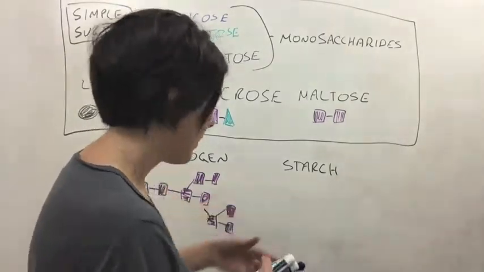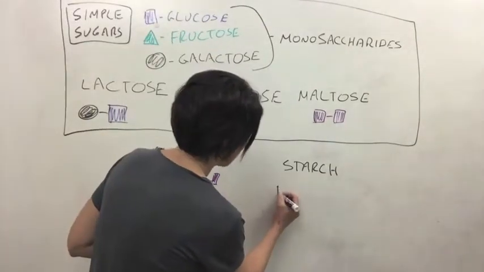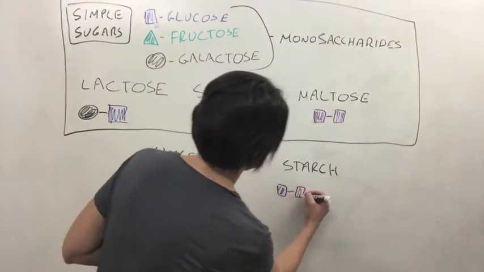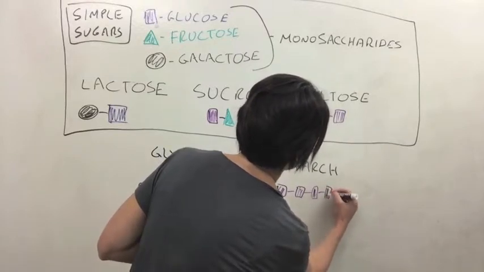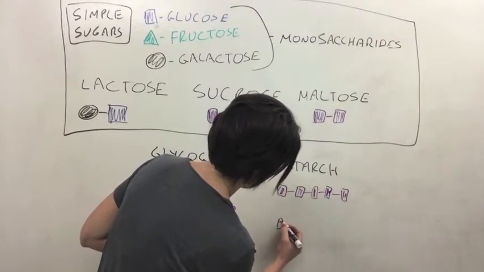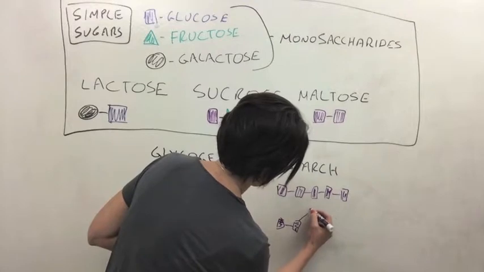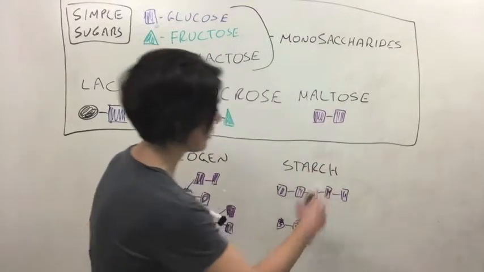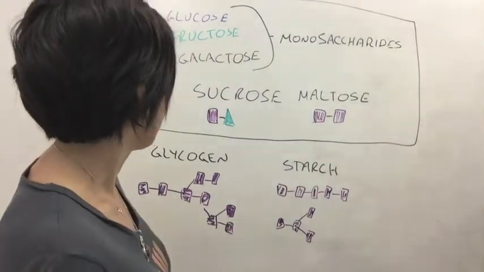So starch can come in a couple of forms. It can be a simple chain that's coiled, or it can be branched like the glycogen ones. I won't go into the names of the different starch molecules.